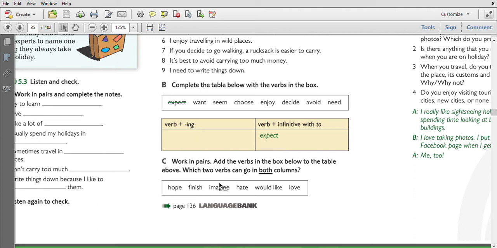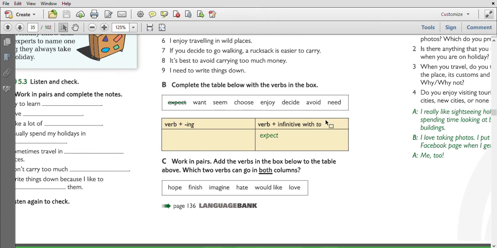After that, imagine, we will put it to verb plus ing. Then we have hate, it will be added to verb plus ing. Then we have love, it could be added to verb plus ing and verb plus infinitive with to, so it goes to both columns.